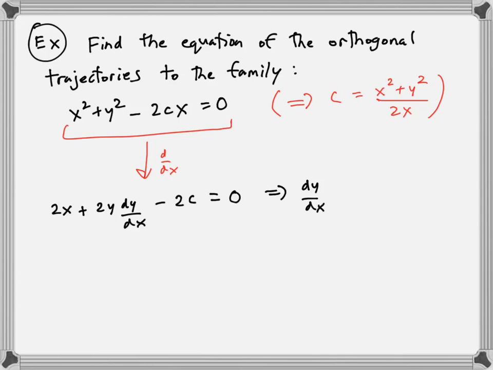dy dx is equal to c minus x over y, but we already have c right here, so I'm going to bring it back.